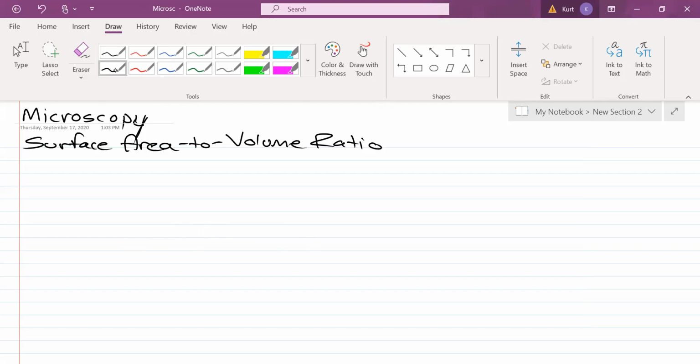Okay, so let's get to it. Whenever you use a microscope, the prefix micro means small, and scope means to look or to see. Like on a submarine, they have a periscope. You want to see from far away. So this is all designed to make observations on the microscopic world.